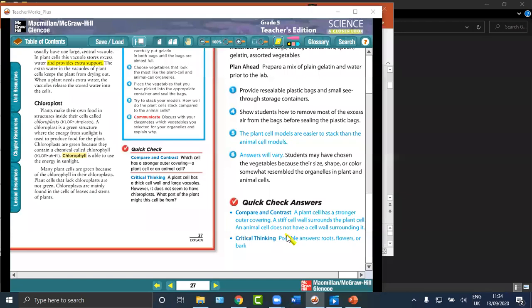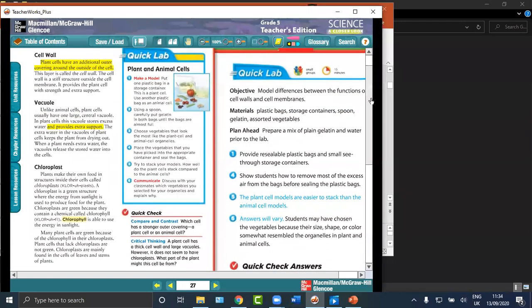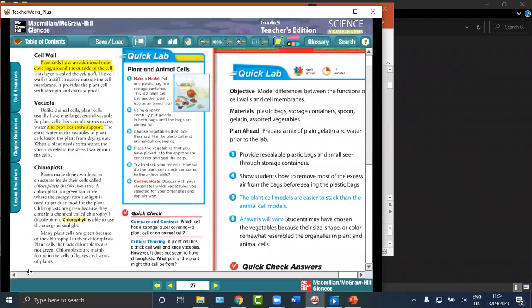A chloroplast is a green structure where the energy from sunlight is used to produce food for the plants. Chloroplasts are green because they contain a chemical called chlorophyll. Chlorophyll is able to use the energy in sunlight.